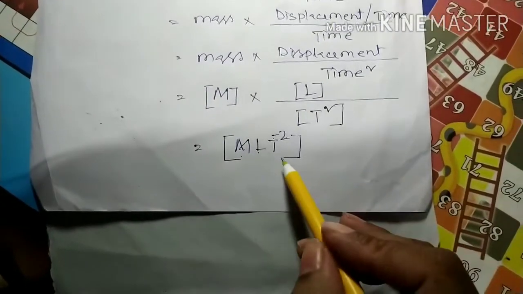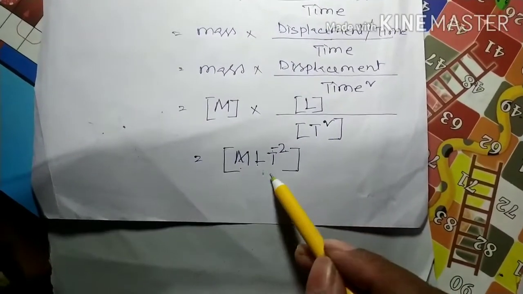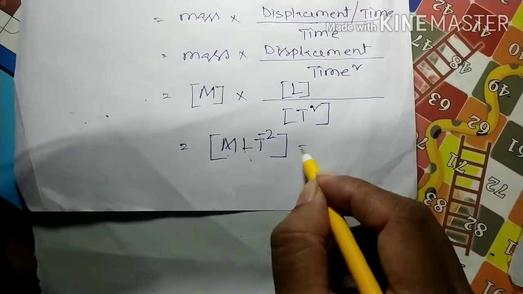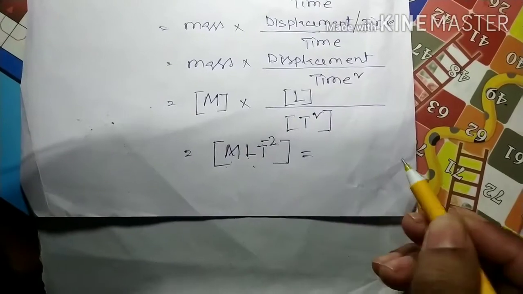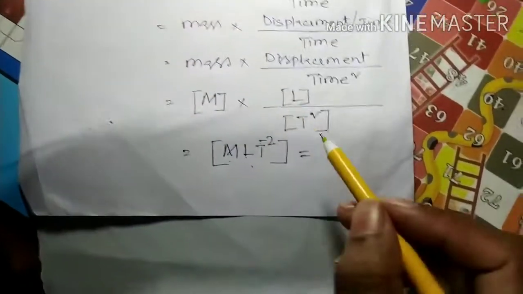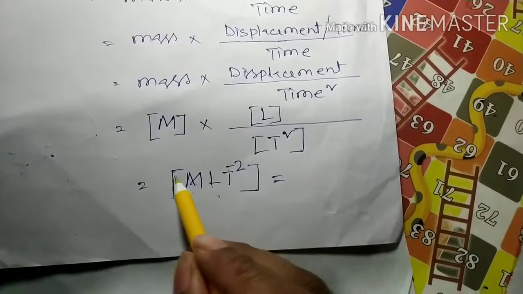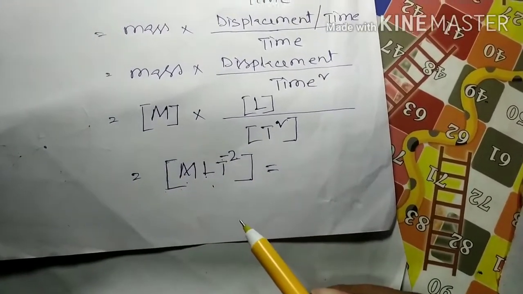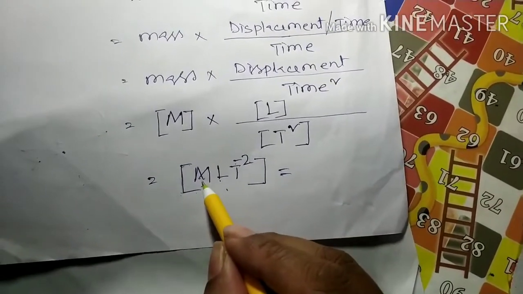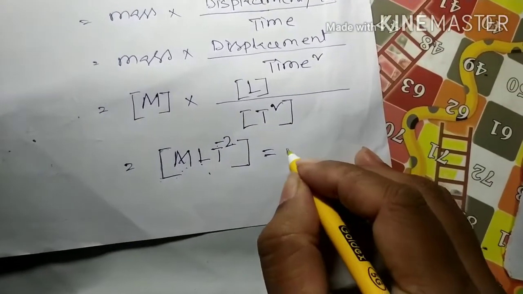Now one more thing, that is, if we know the dimension of any physical quantity, from this dimension we can easily find its unit, SI unit or CGS unit. See, force SI unit we know is Newton. Another unit, if you don't know also, from this dimension you can find easily. See, M, M is what? Mass. So mass SI unit is kg.